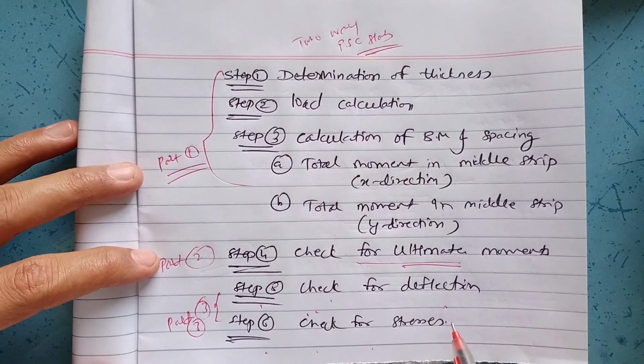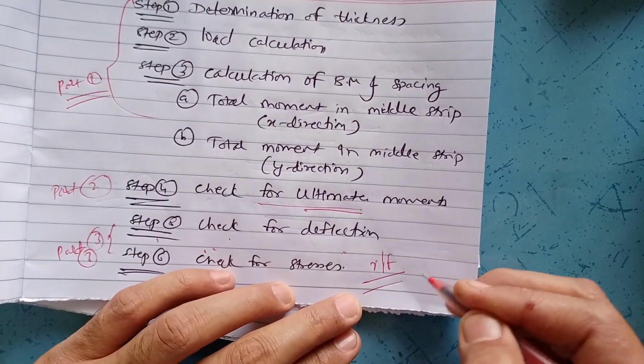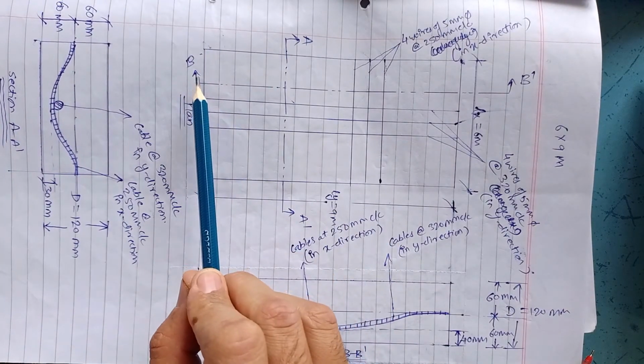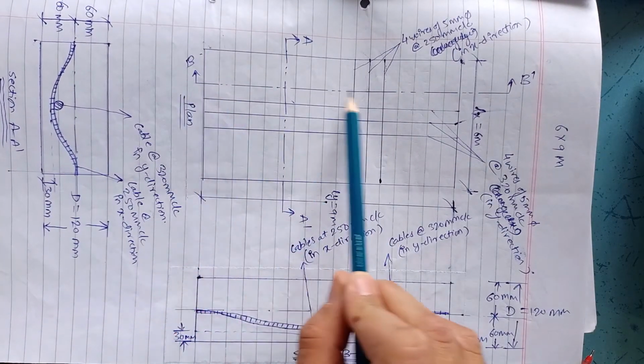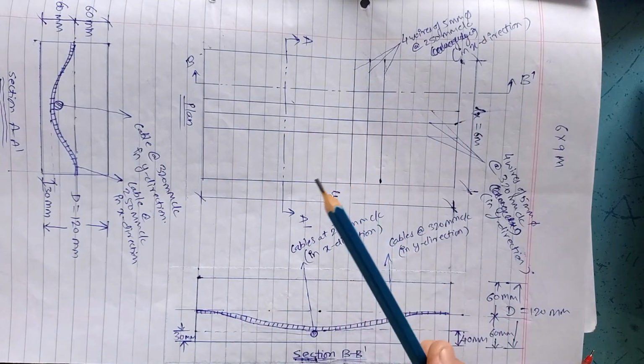Now let us have a look at the reinforcement detailing. This is the reinforcement detailing for the designed two-way post-tension slab. This is the plan. This is the LY direction, that is 9 meter. This is the LX direction, that is 6 meter. Cables are placed in both directions, along LY and along LX, depending upon the calculation.